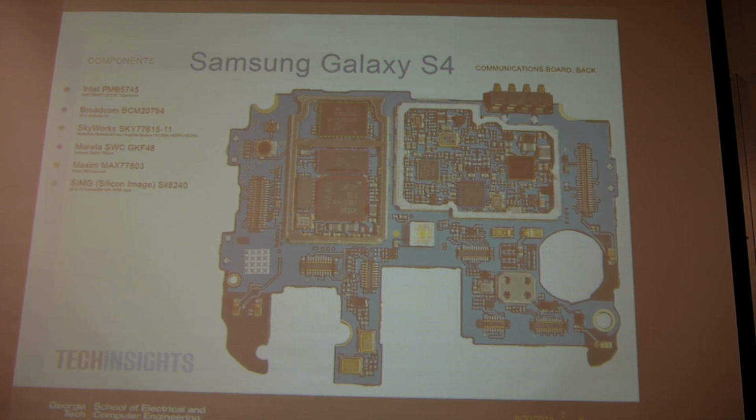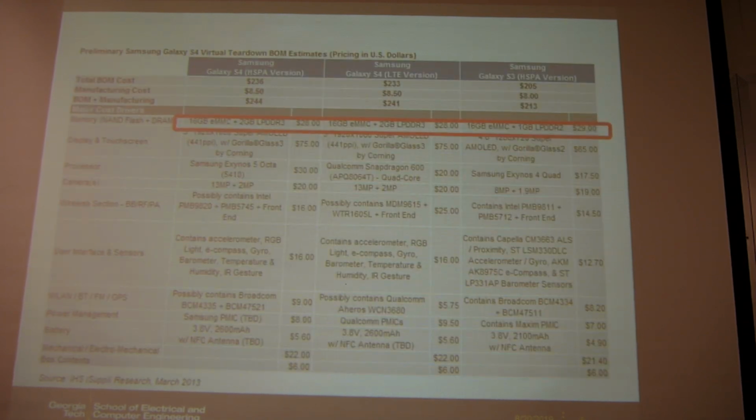So then the next question: what is the breakdown, in terms of cost, for this smartphone? At that time, probably 2013, the total cost is around $200 for this smartphone. Of course, they sell it to you for 500 or 600, but the actual cost is maybe 200.